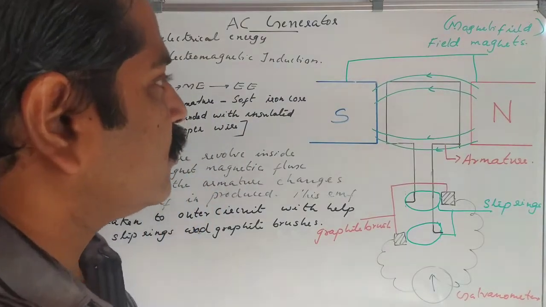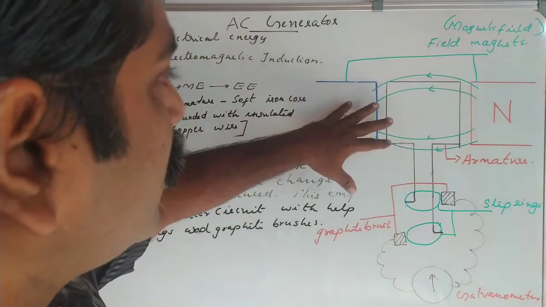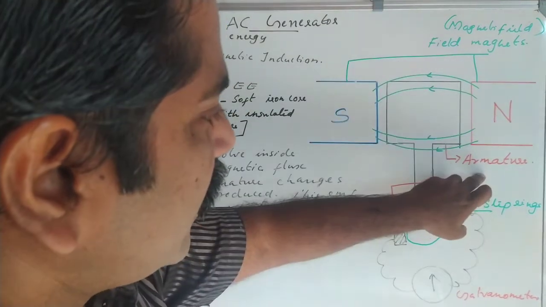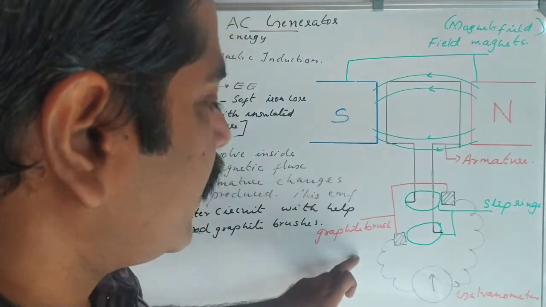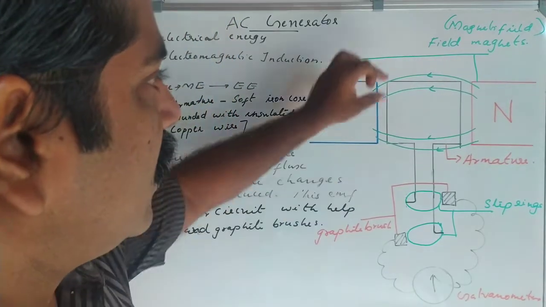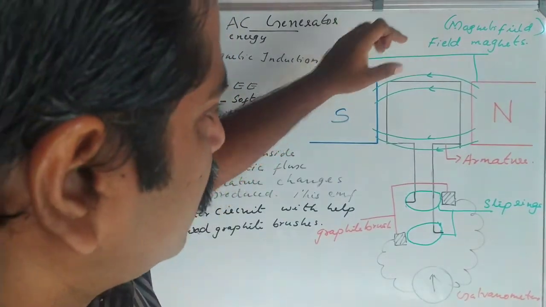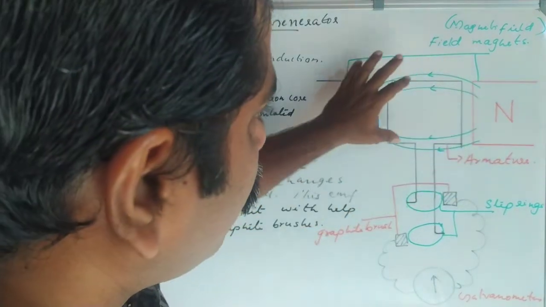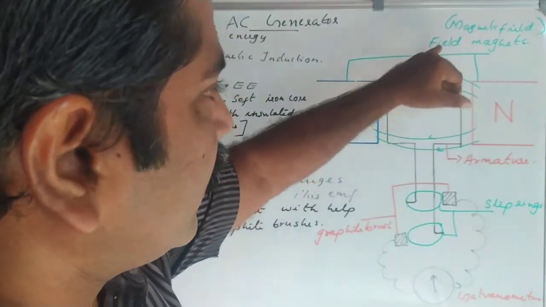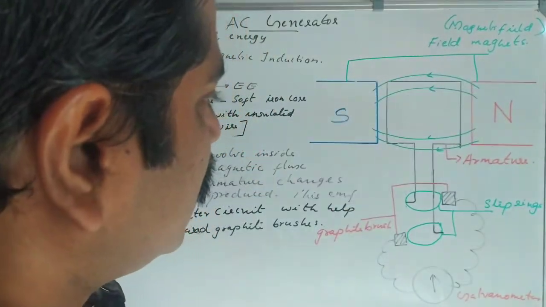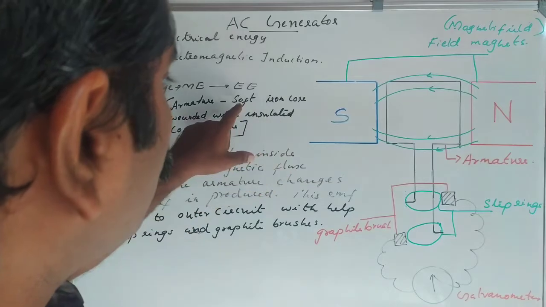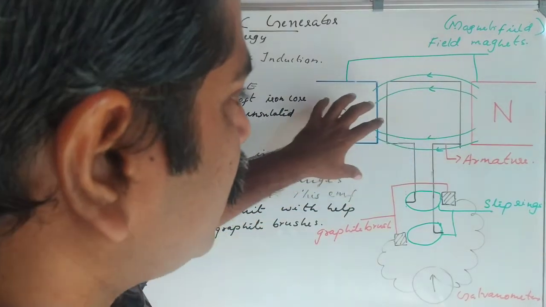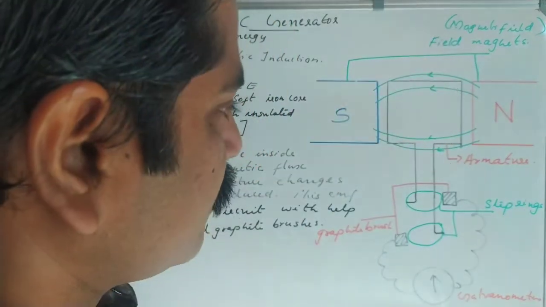So the four important parts of an AC generator are field magnet, armature, slip ring and graphite brushes. What is a field magnet? Two magnetic poles are there to provide magnetic flux. They are known as field magnets. What is the armature? It's a soft iron core wound with insulated copper wire, kept in between these two magnetic poles.